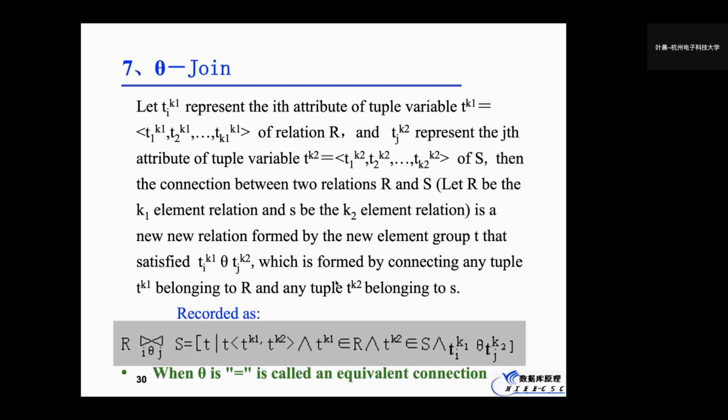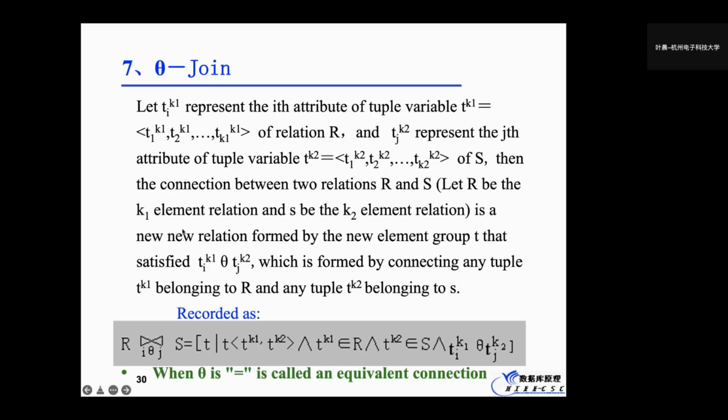Ti represents an attribute of tuple variable tk1 of relation R, and tj represents this attribute of the tuple variable like this of S. Then the connection between two relations R and S: let R be the k1-ary relation and S be the k2-ary relation.